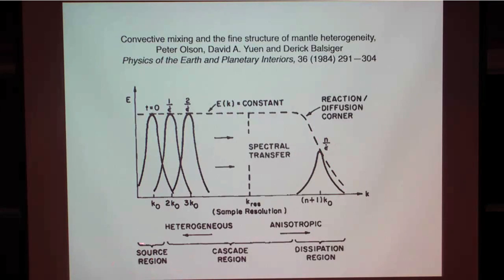And so you can think of the mantle as having this cascade of heterogeneity in which larger scale heterogeneities are thinned and thinned and thinned until eventually they are dissipated, meaning that they are below the resolution that we could see them by any means that we currently have available. And you'll note that they cleverly did not put a specific scale on this, which means that that scale of resolution could move with time as our detection limit improves.